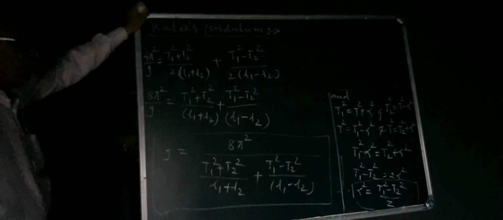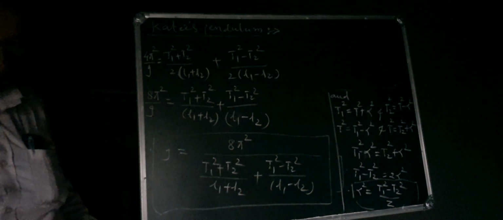In this way, we can calculate the value of acceleration due to gravity by Kater's pendulum, and this is the equation for acceleration due to gravity. In this way, we have completed this point, that is Kater's pendulum. Today we'll stop here.